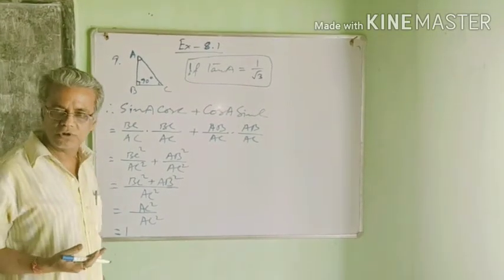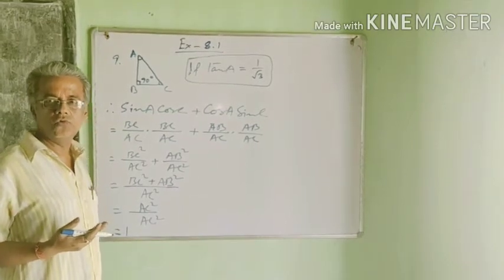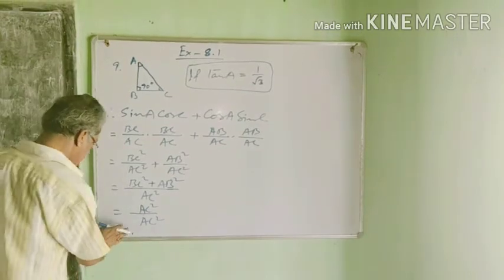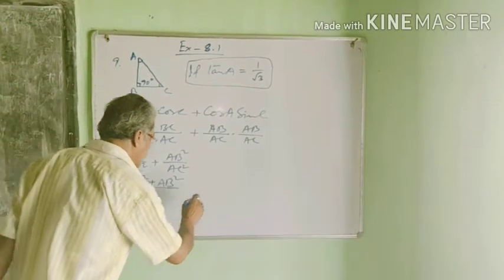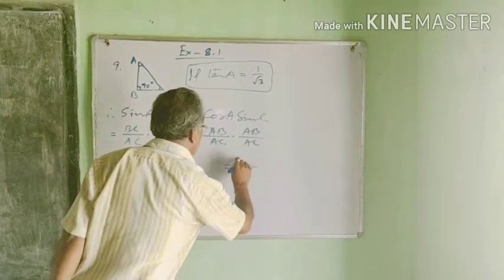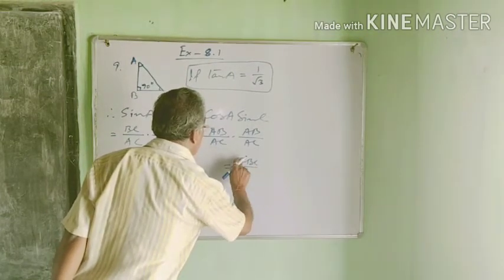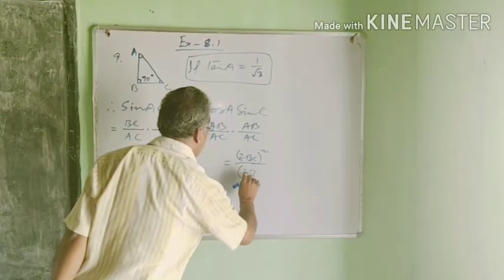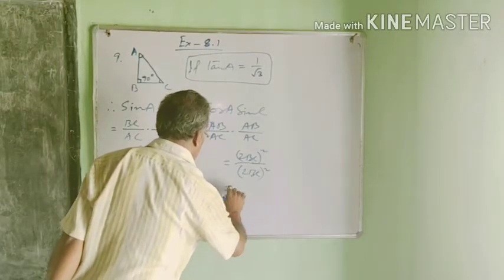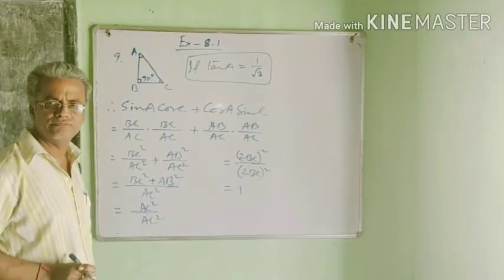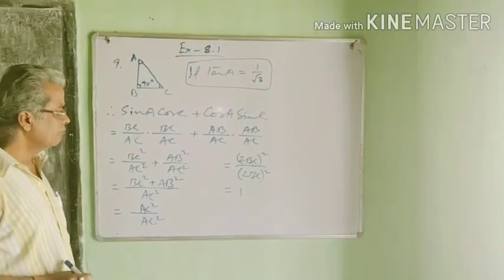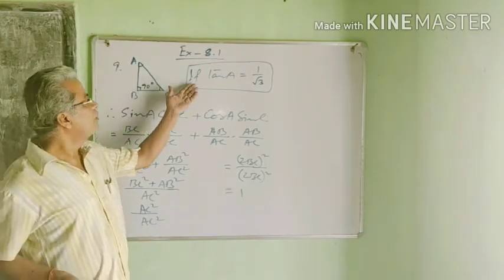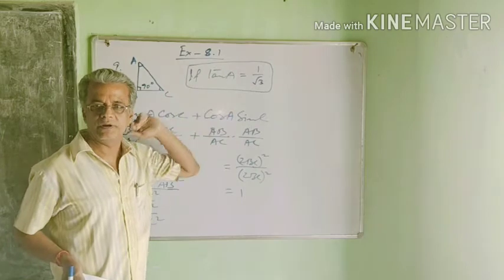Although we found out AC is equal to 2BC, we can write 2BC whole square by 2BC whole square, then also it means 1. So actually this was not at all required.